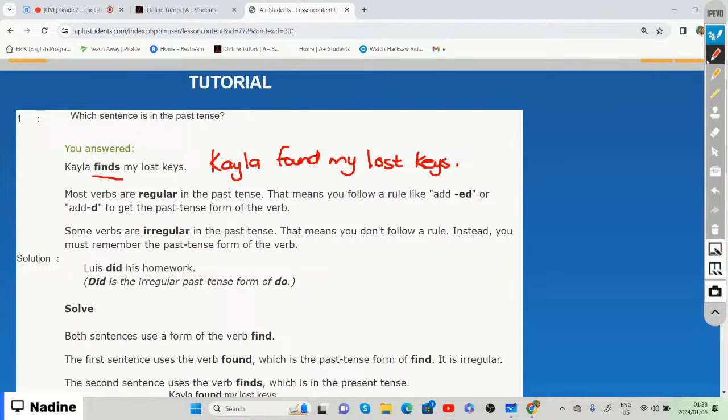So found being the past tense irregular verb of finds.